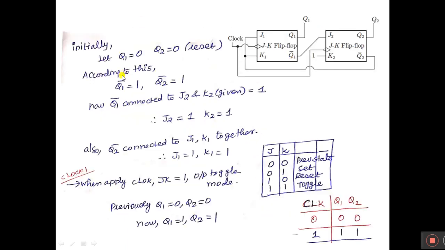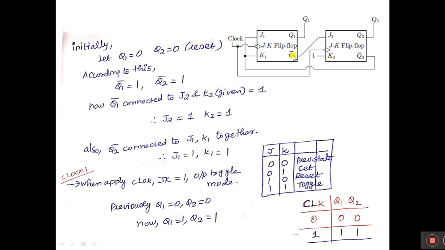Listen carefully. Initially we can assume Q1 is 0 and Q2 also 0, before applying the clock pulse. If Q1 is 0, Q1 bar is 1, and Q2 is 0 means Q2 bar is 1.